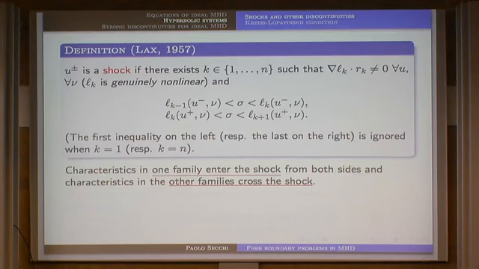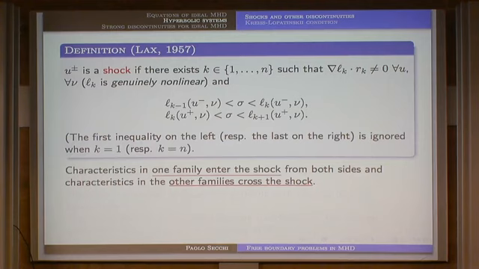So we have something in one dimension. Here I have x and t. This is the shock. And L_k is entering the shock in this direction on the one side and this way on the other side, like that.